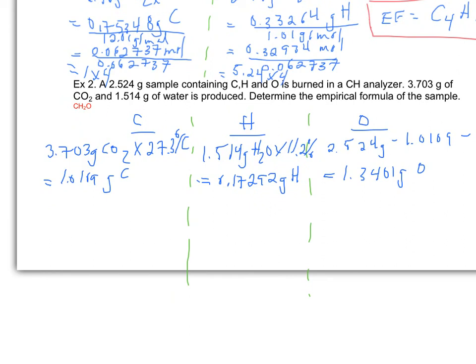That's how you achieve step 1 if you have carbon, hydrogen, and another element.